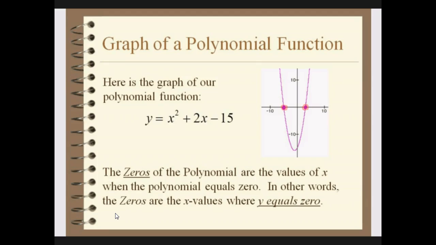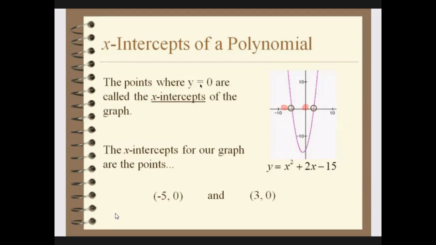A point where y equals 0 is called an x-intercept of the graph. The x-intercepts for our graph are the points (-5, 0) and (3, 0).